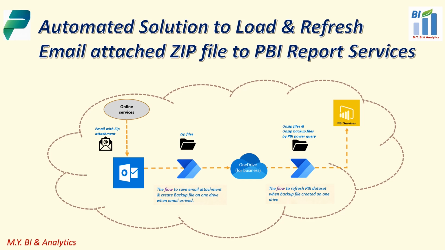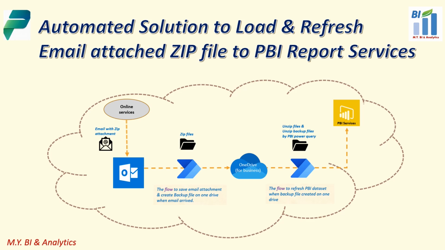In this comprehensive video, I have combined 4 of my previous videos to introduce an automated approach for loading and refreshing a Power BI report in the cloud service when a zip file is received as an email attachment in my Outlook inbox. The first 3 videos demonstrate the approach step by step using a received email with a CSV zip file format.